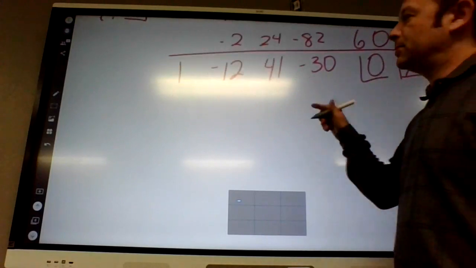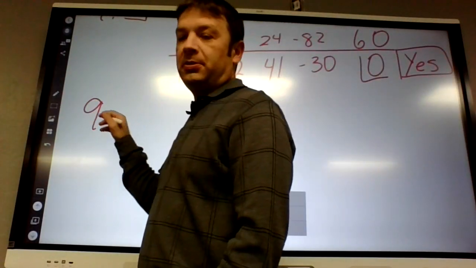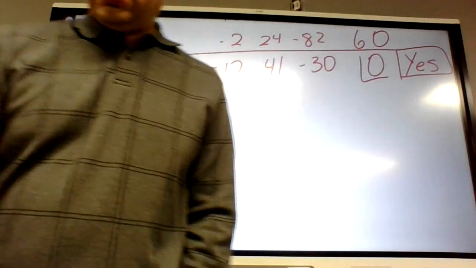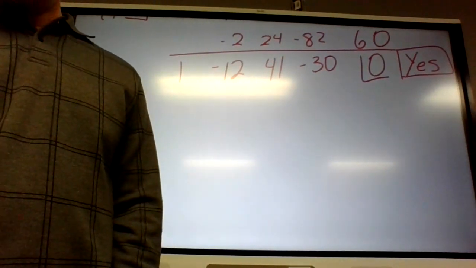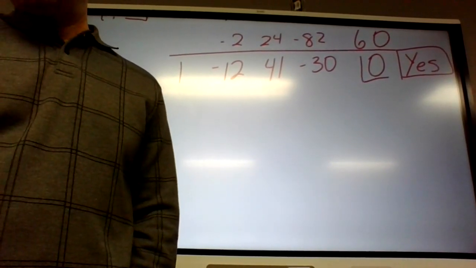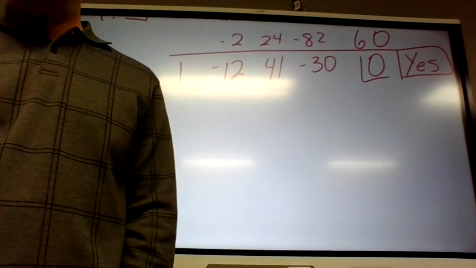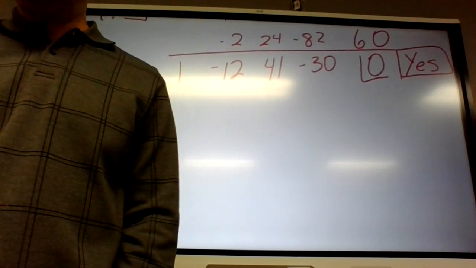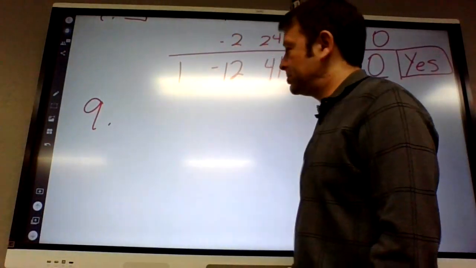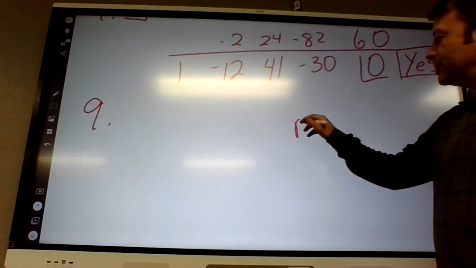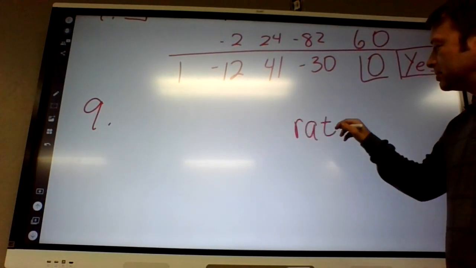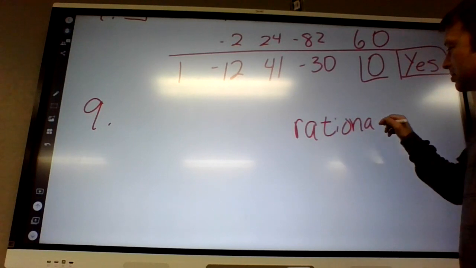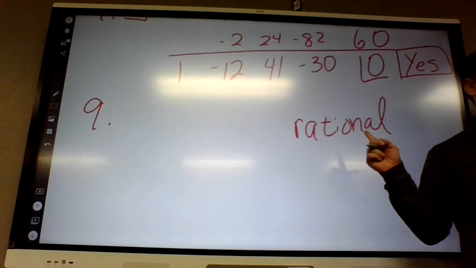All right, moving on. Number 9, another section. Use the rational root theorem, which we haven't talked about yet, to list the possible rational zeros for each polynomial function. That probably sounds like a bunch of gobbledygook. Let's start with what does rational mean? 1, 2, 3, 4. No, those are natural.